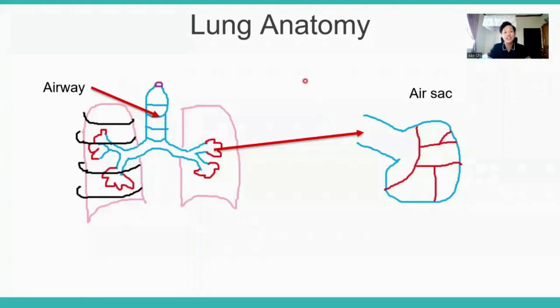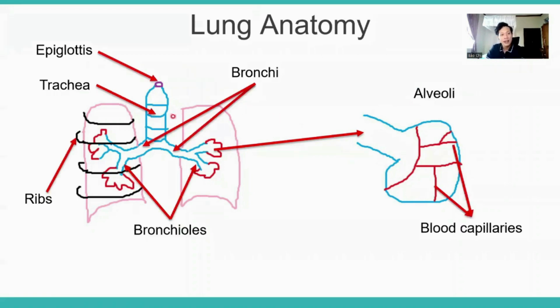First things first, we need to understand the lung anatomy. The lung has two main parts: the airway, like a pipeline, and the air sacs, like a balloon. In the airway we have the trachea and two bronchi, and the bronchi further separate into bronchioles, which you can see right here.